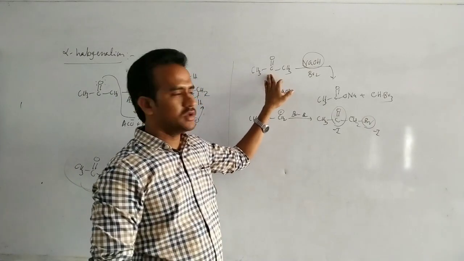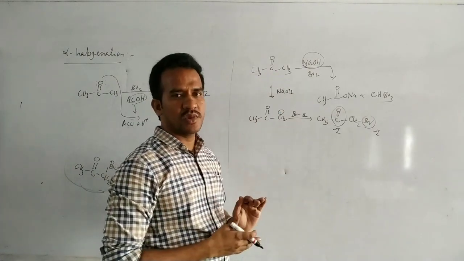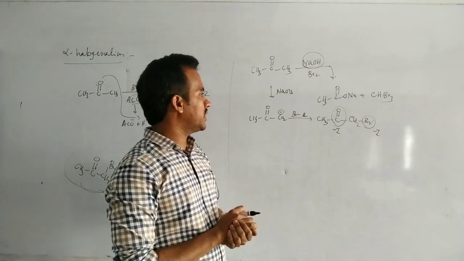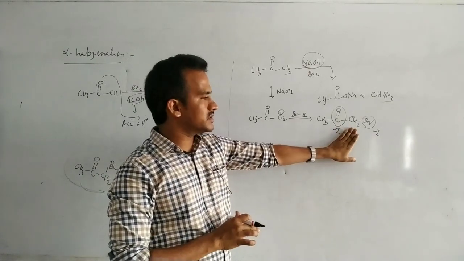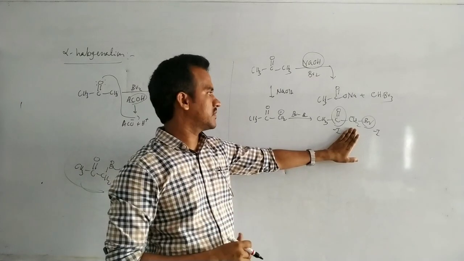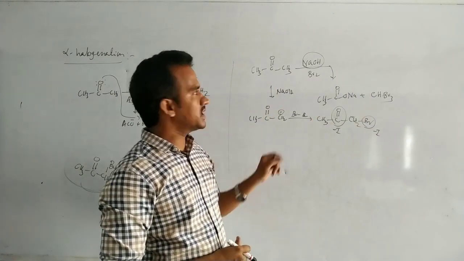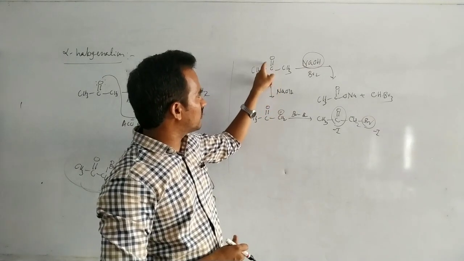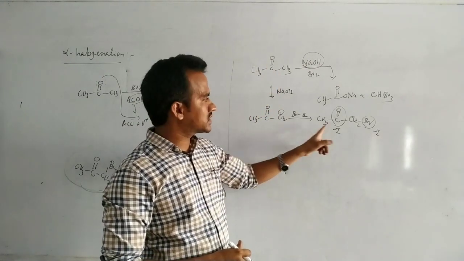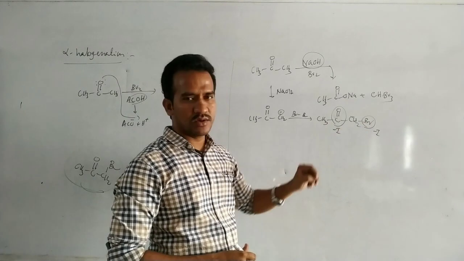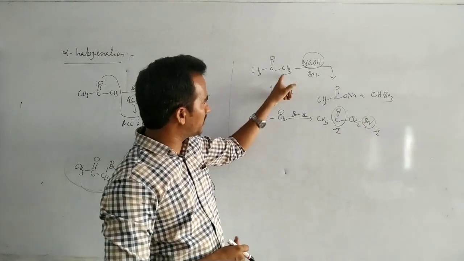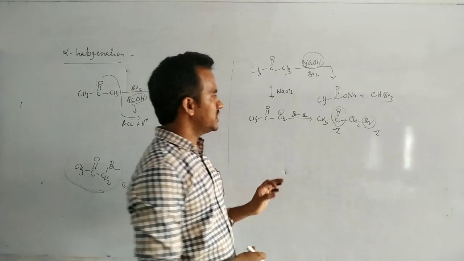Initially there is one ketone, so these hydrogens are acidic in nature. After reaction with bromine in the presence of alkali, the acidic nature of these hydrogens is enhanced. These hydrogens are more acidic than the others, because the starting compound contains only one withdrawing group, but your product contains another minus I group. So these hydrogens are more acidic when compared to those hydrogens.